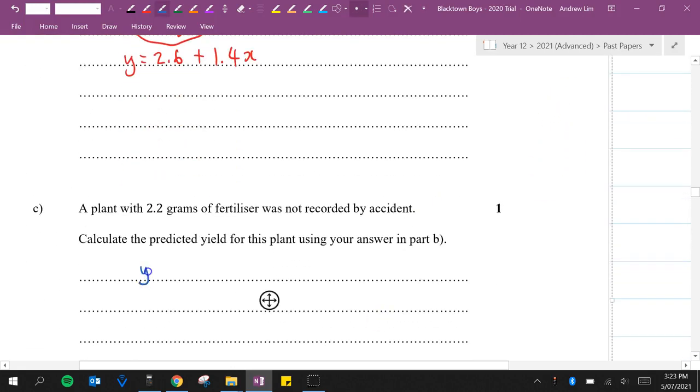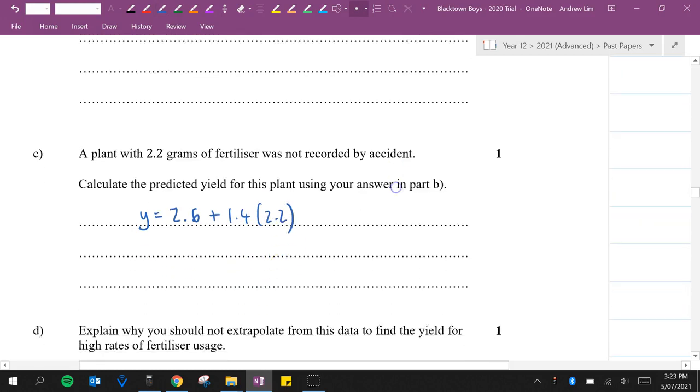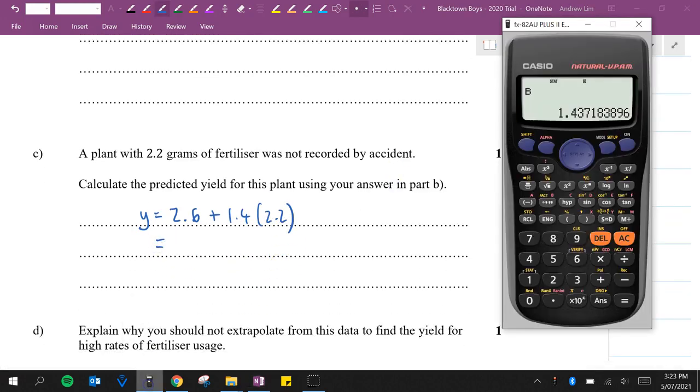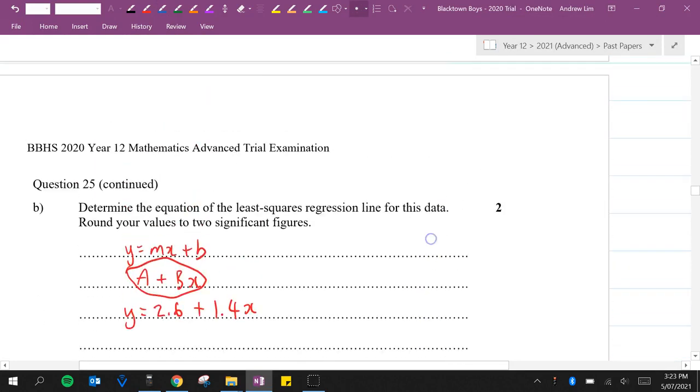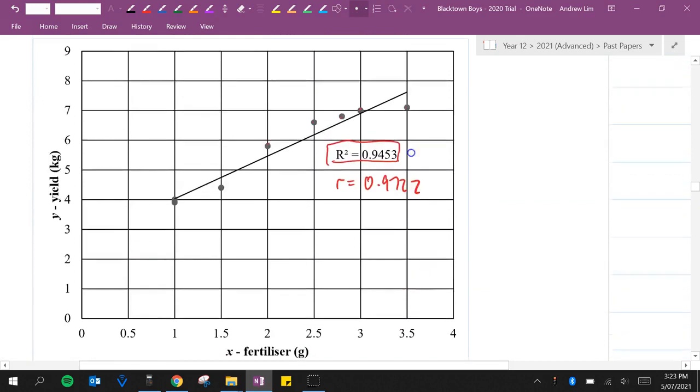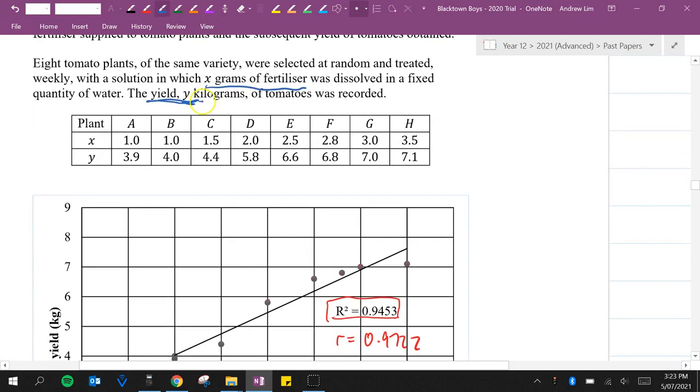So the yield is going to be 2.6 plus 1.4 times the fertilizer used, 2.2. 5.68. And this will be kilograms because according to the question, the yield was in kilograms.